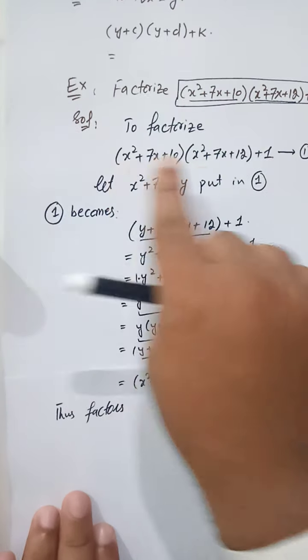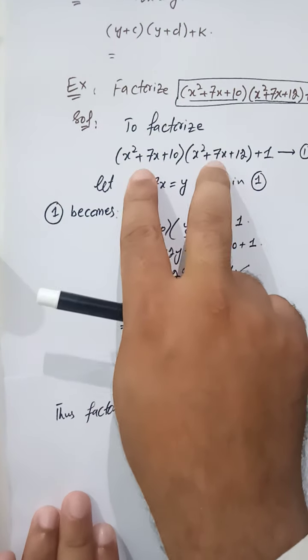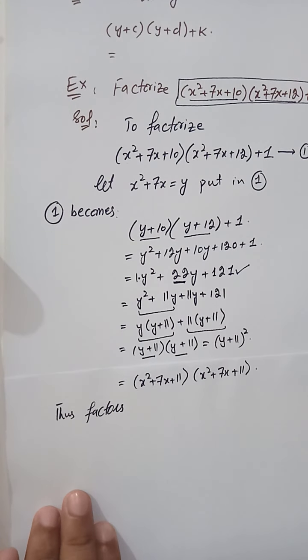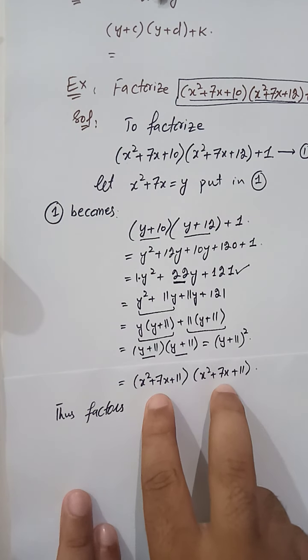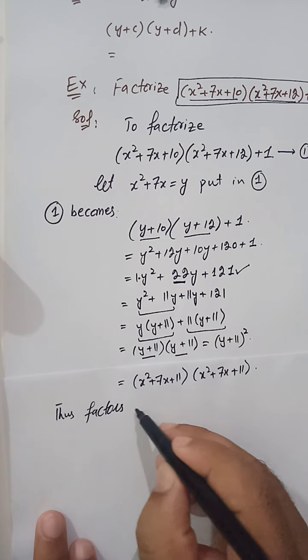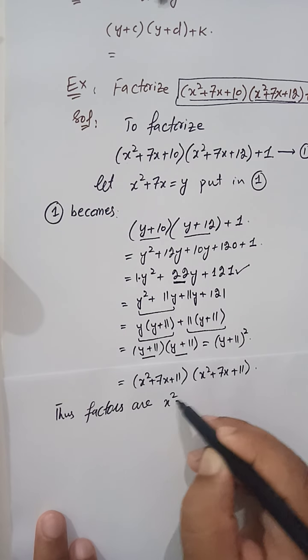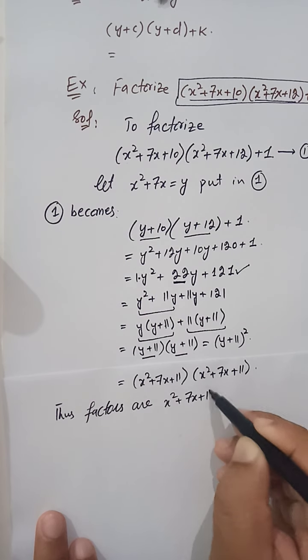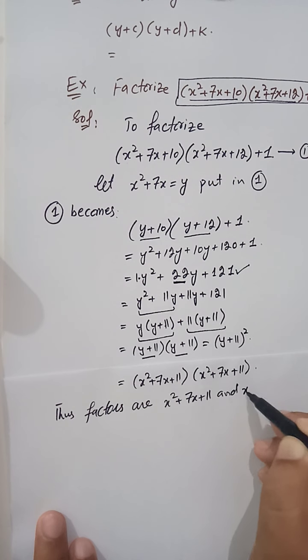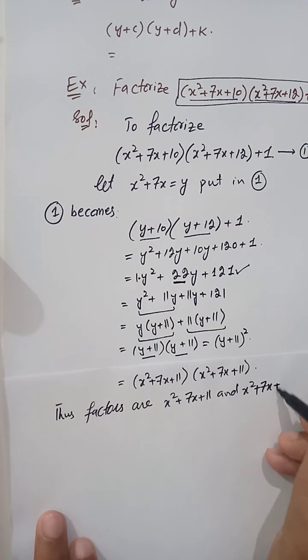When you multiply both these algebraic quadratic expressions and add 1, the simplified form must be biquadratic. So the degree is 4, so you need to get 4 linear factors or 2 quadratic factors. So you get 2 quadratic factors. The factors are x square plus 7x plus 11 and x square plus 7x plus 11.